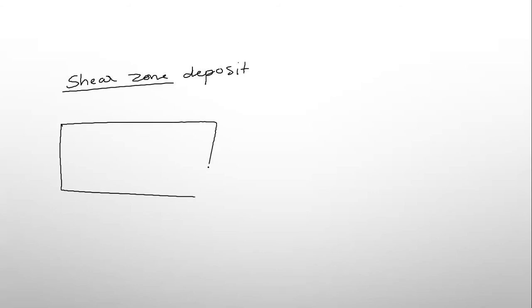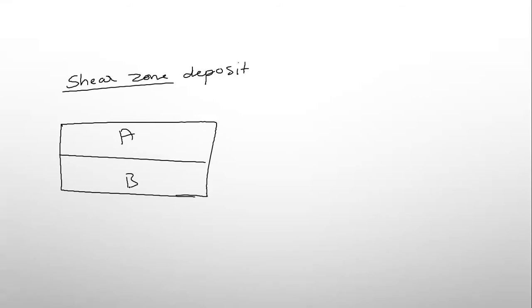Next we discuss shear zone deposits. First of all, I will tell you what a shear zone is. That is most important. As you know, you must have heard about plate tectonics. Suppose these are two plates, A plate and B plate, or rock blocks, you can say rock mass.